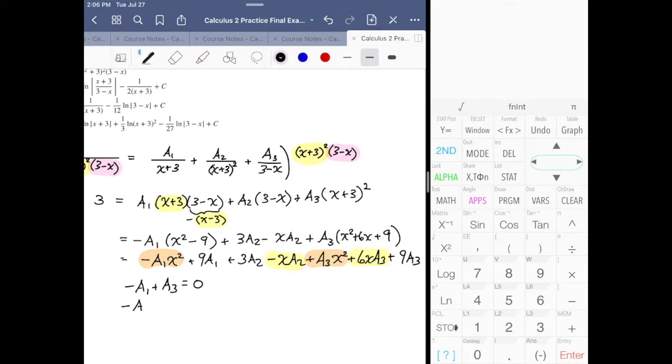So negative a sub 2 plus 6a sub 3. But the 9a sub 1 plus 3a sub 2 plus 9a sub 3 will all add to equal 3 somehow. Now all of our coefficients are multiples of 3, so that'll help a little bit. 3a sub 1 plus a sub 2 plus 3a sub 3 is equal to 1.